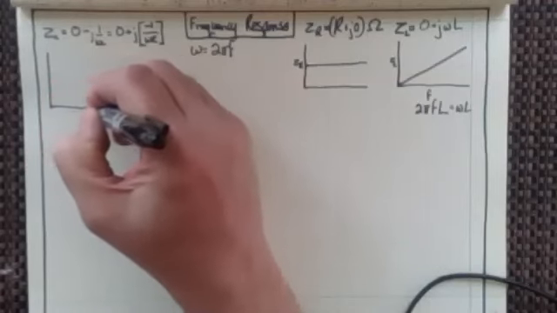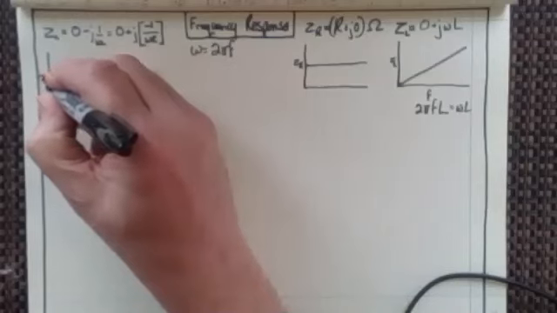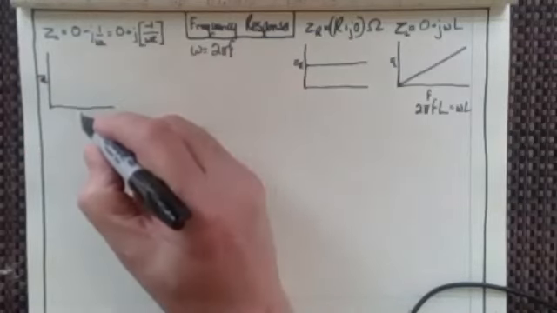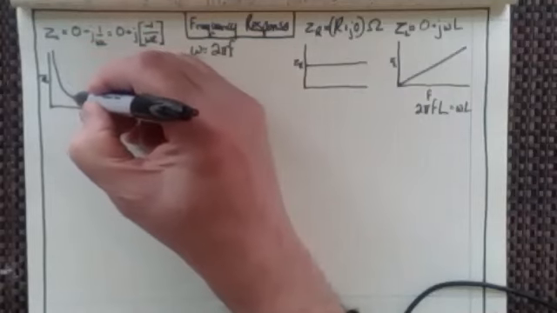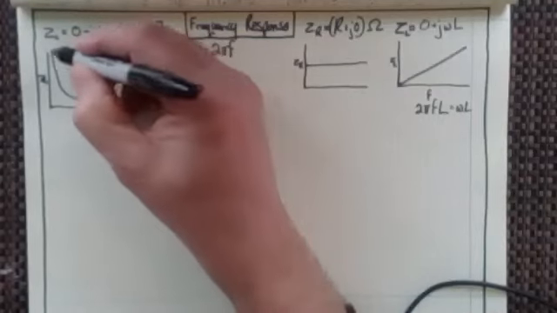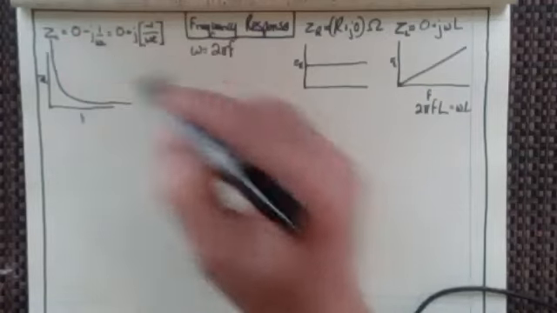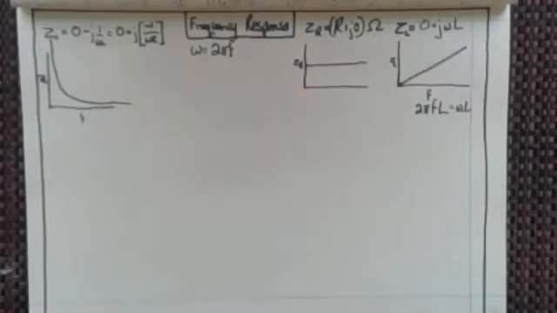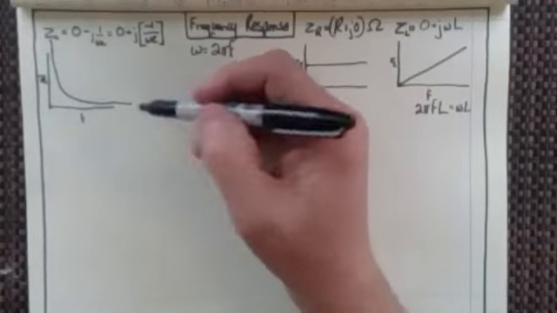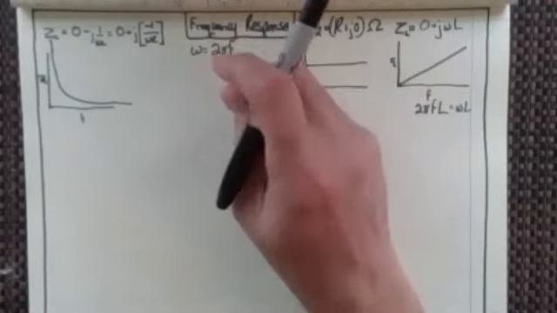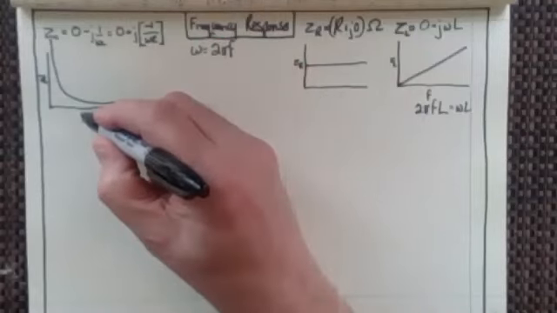If I was to draw Z sub C as a relationship with frequency, it would look like this, right? It would asymptote out to the two axes as the frequency got higher.